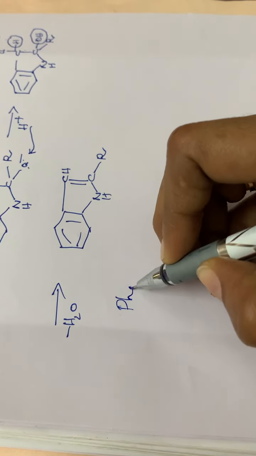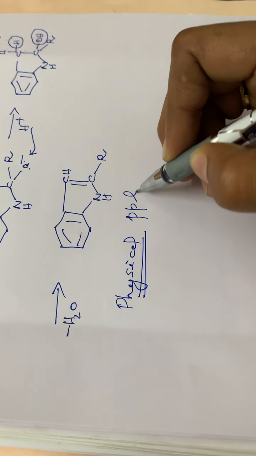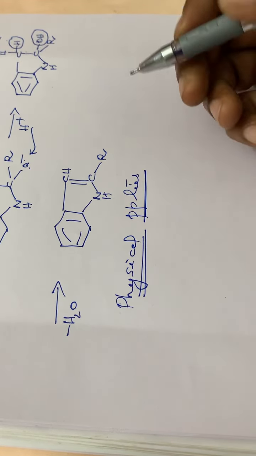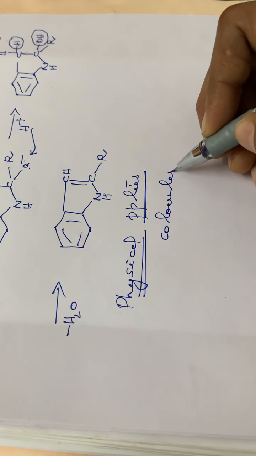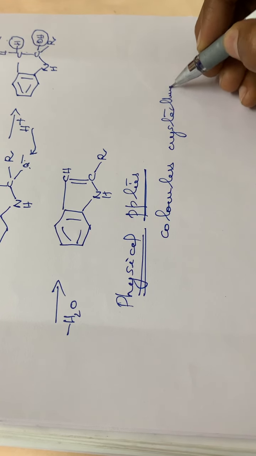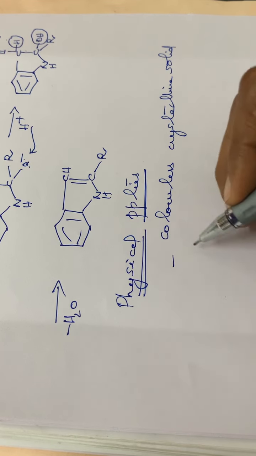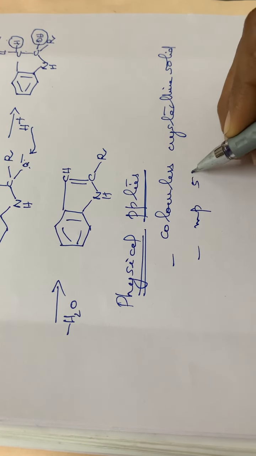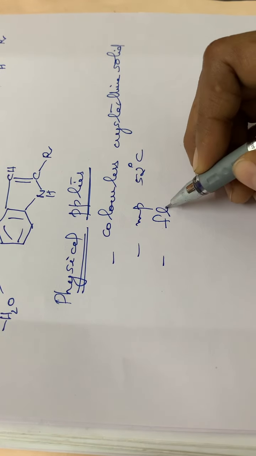First one, the physical properties. It is a colorless crystalline solid. Then the next point, melting point is 52 degrees Celsius. Then flowery odor, flower smell.